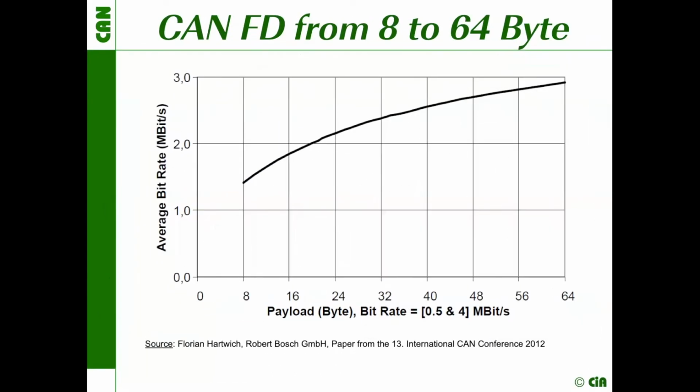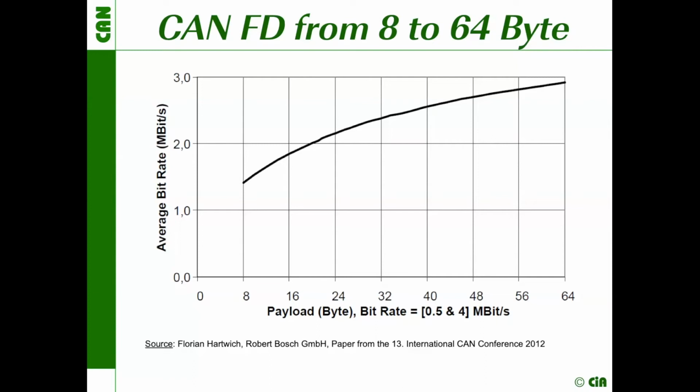Comparable curve, we now have fixed bit rates of 500 kilobit per second in the arbitration phase and 4 megabit in the data phase. With a payload size of 8 bytes, we are at 1.4 megabits per second average bit rate. If we increase it to 16 bytes, so twice as large, we are almost 1.9 megabits per second.